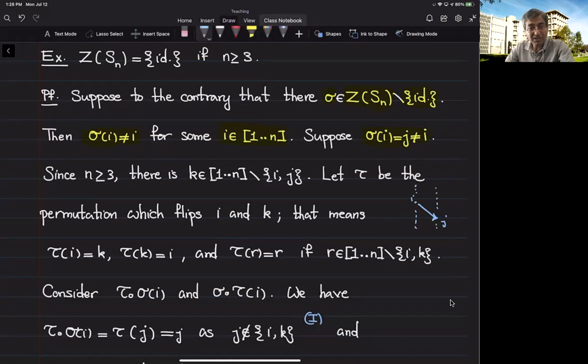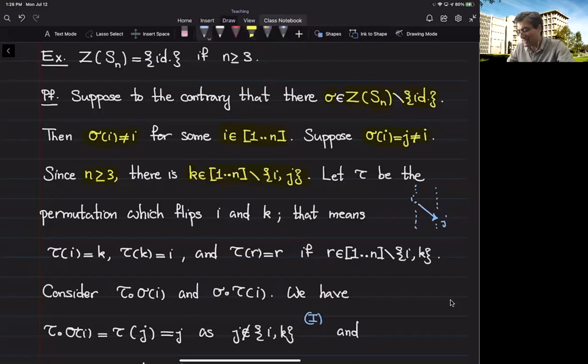These i and j seem to be pretty important, and this n at least 3 is also important. I'm going to pick something that's not i and j. Remember, n is at least 3, so I can definitely find something inside the set that's neither i nor j. Call it k.